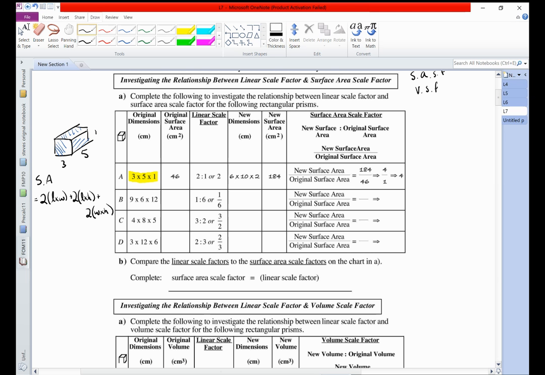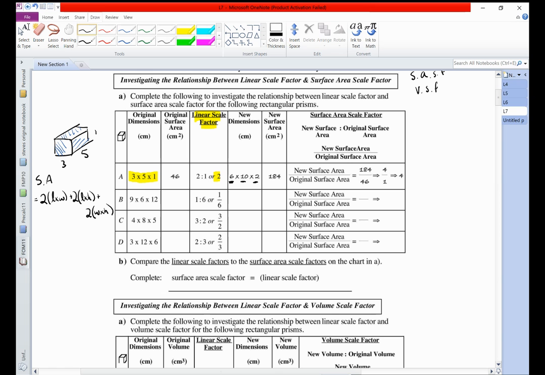The surface area of this original rectangular prism is 46 centimeters squared. It's still an area, so it's still centimeters squared. Now, if we apply a linear scale factor of 2 to every dimension, you can see that 3 times 2 gives us 6, 5 times 2 gives us 10, and 1 times 2 gives us 2.